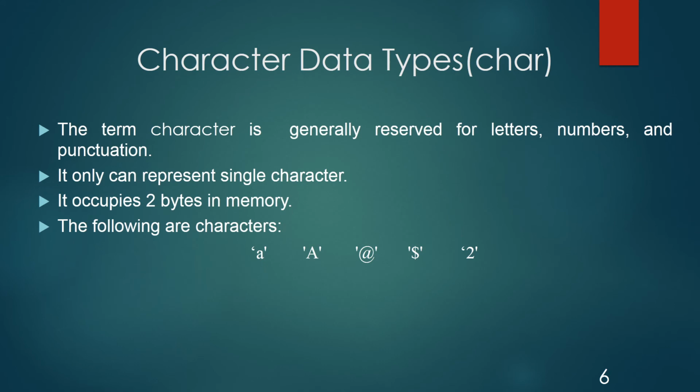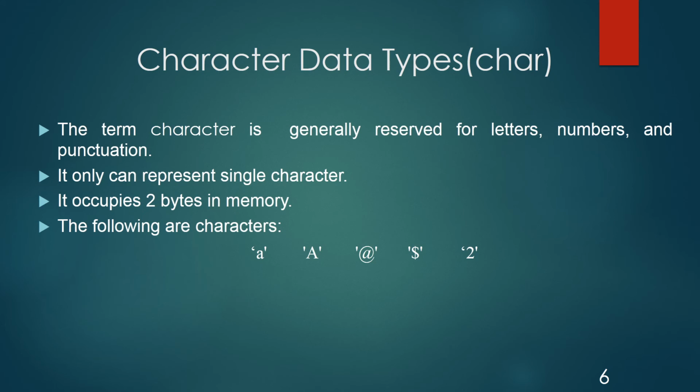Next one is character data types. The available data type to store a character is known as char. The term character is generally reserved for letters, numbers and punctuation. A character data type can store a single alphabet, a digit or an operator enclosed within single quotation marks.